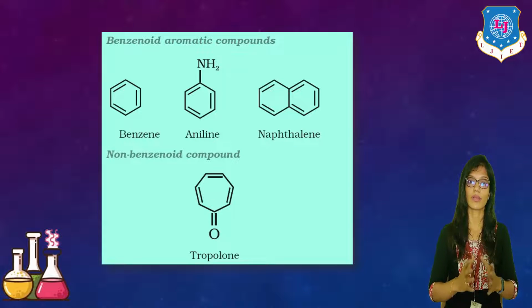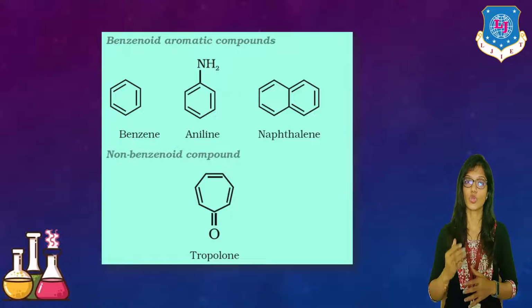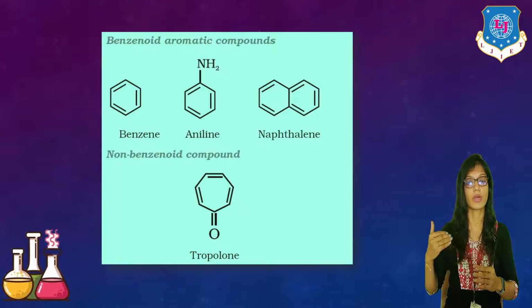So this is basically all about the different types of organic compounds and how they play their role in different organic processes, right? Depending upon their structure, they will be utilized in different reactions in different ways.